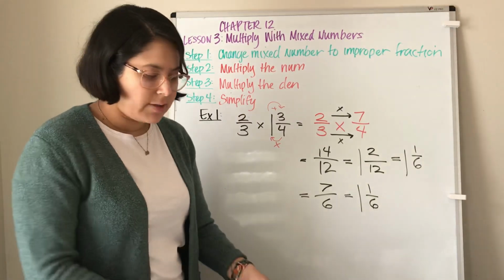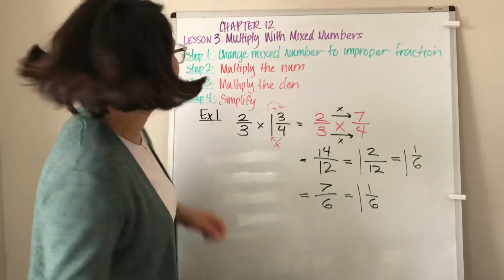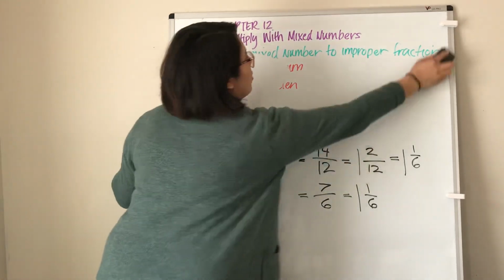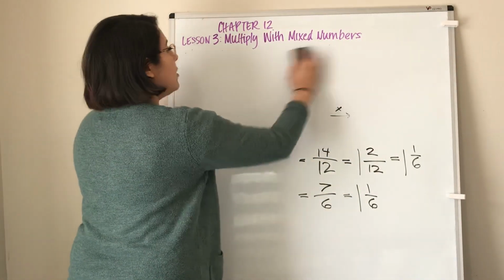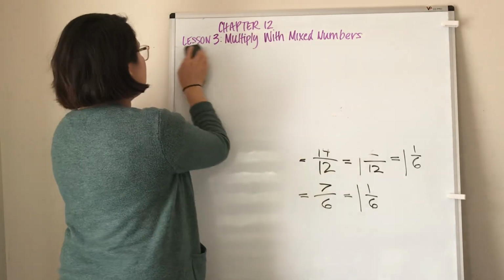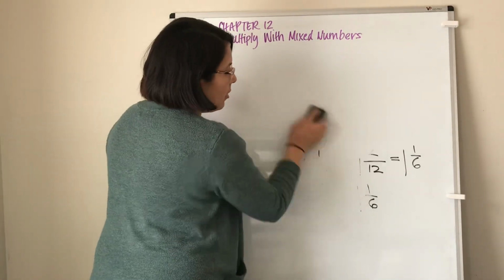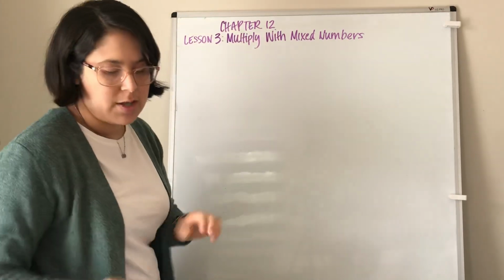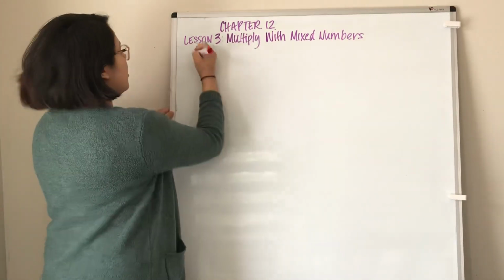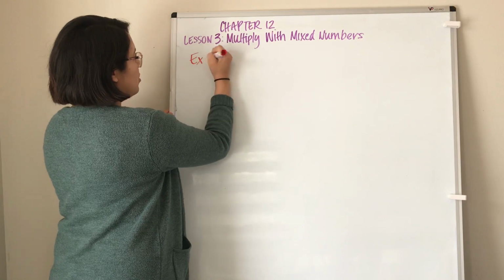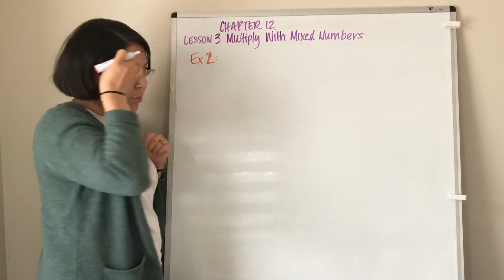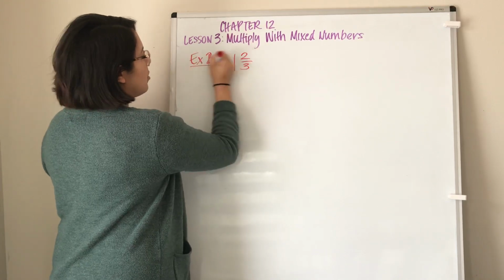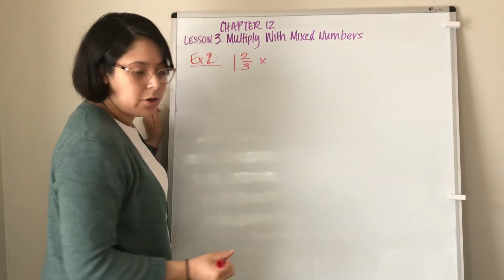Let me do another example here. The only difference today with the rest of what we've been doing is that you have that mixed number thrown in there. And so step 1 is the only change. Okay, so example 2, 1 2/3 times 3 1/4.